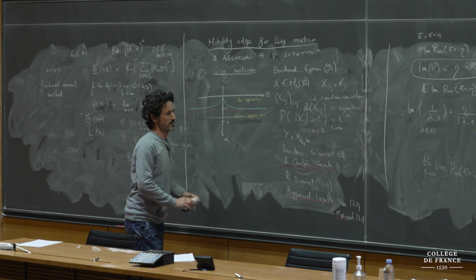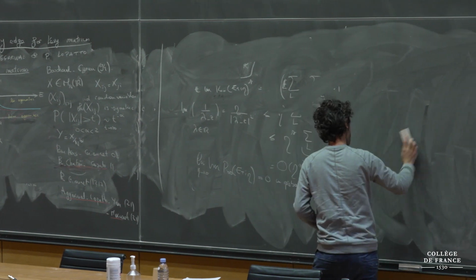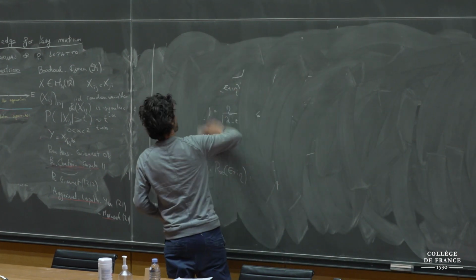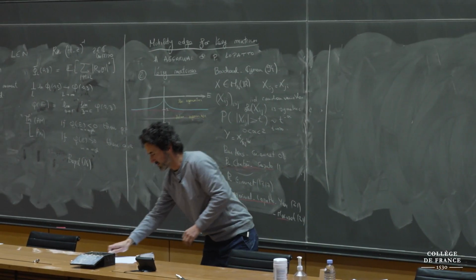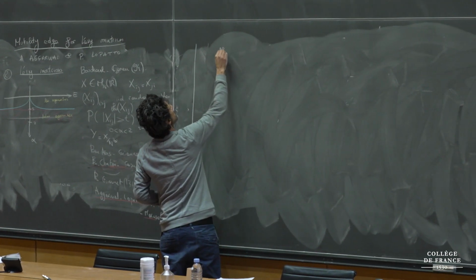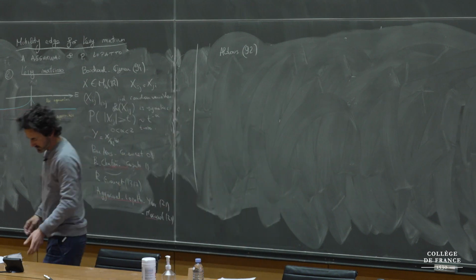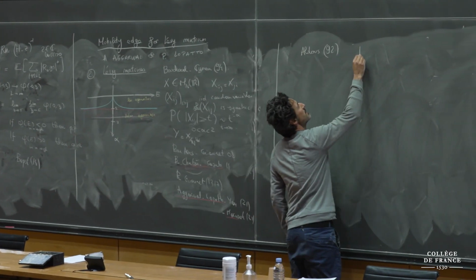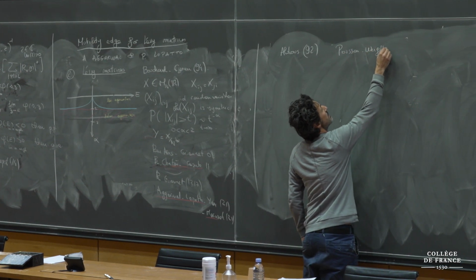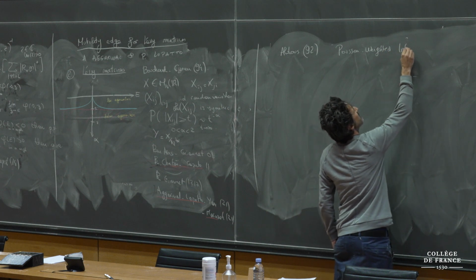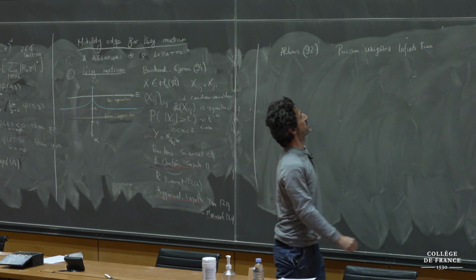I will define this tree for you. It's a tree which has been introduced in a completely different context by David Aldous in 92, and it's called the Poisson weighted infinite tree, aka the PWIT.